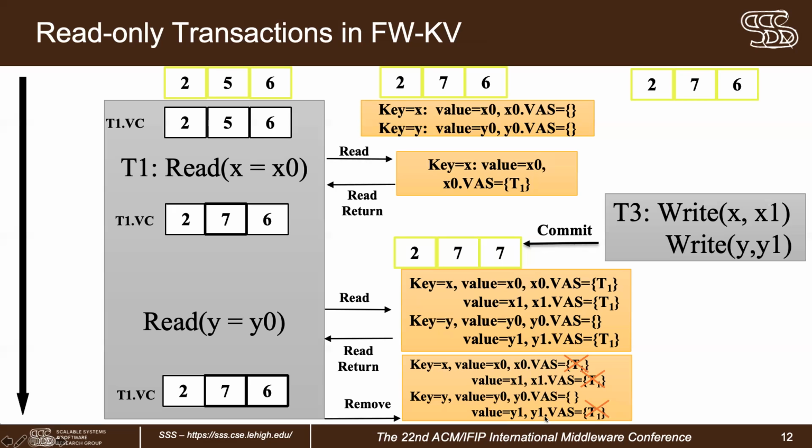It doesn't pick version Y1, instead it picks version Y0. At the end, T1 sends a remove message in order to clean up the version access sets of X1 and Y1 and X0.